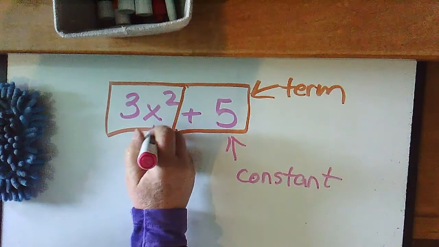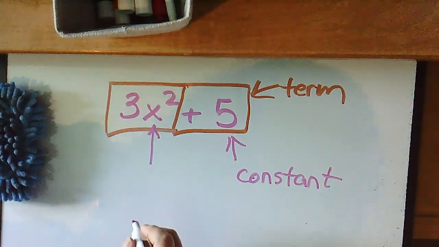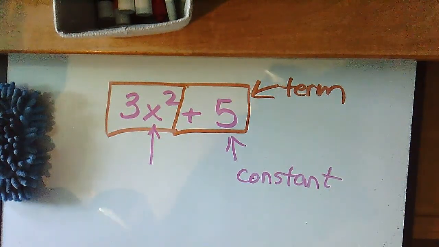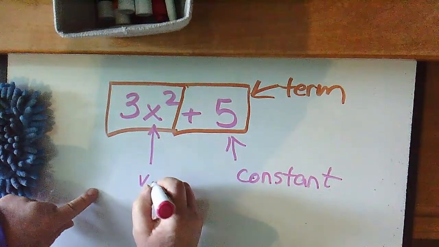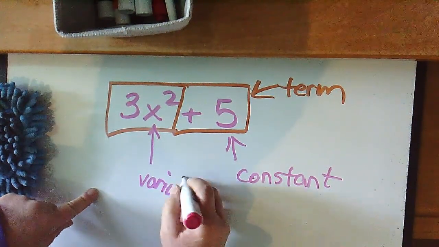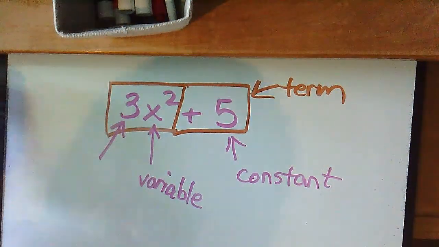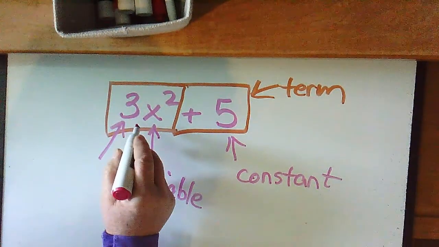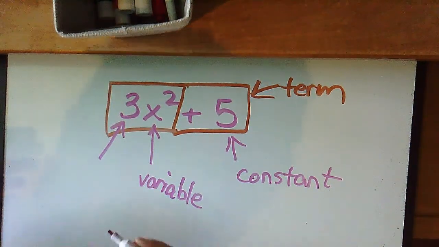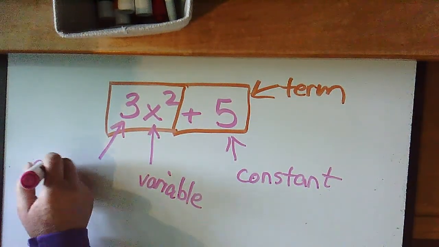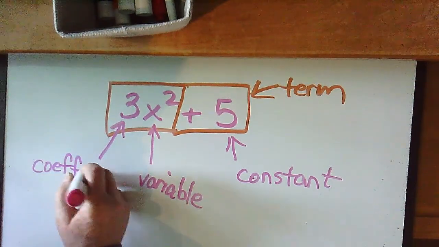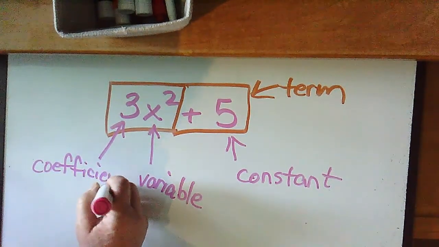A letter that stands in for a quantity that varies is called a variable. A number that is part of a term with a variable in it has a special name also. It is a coefficient.